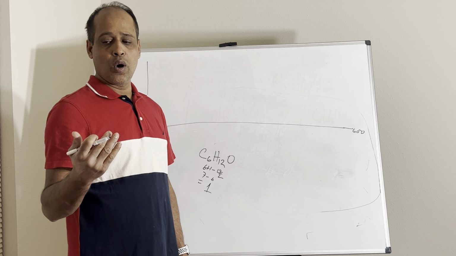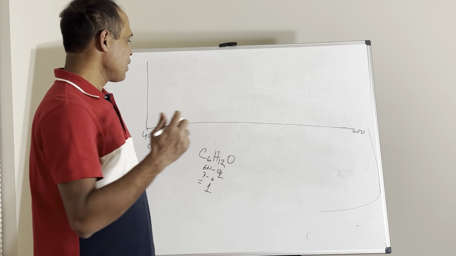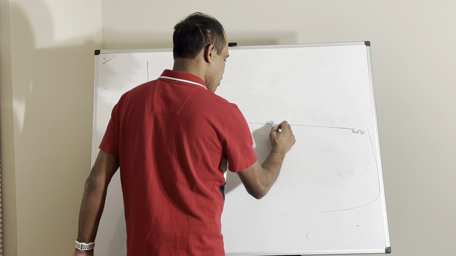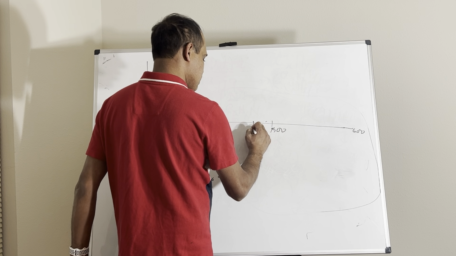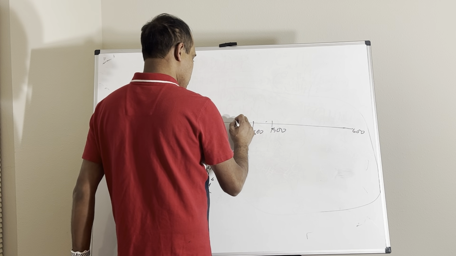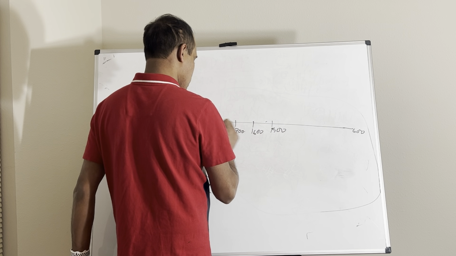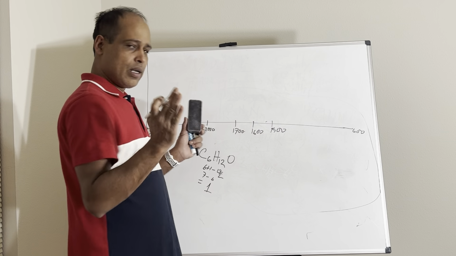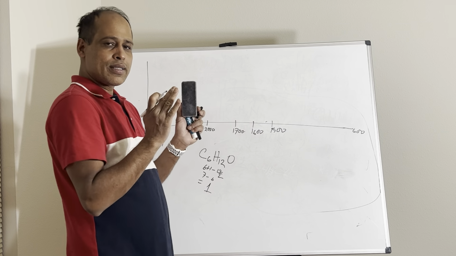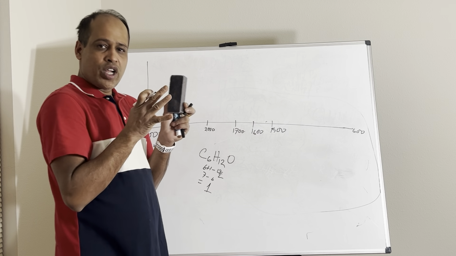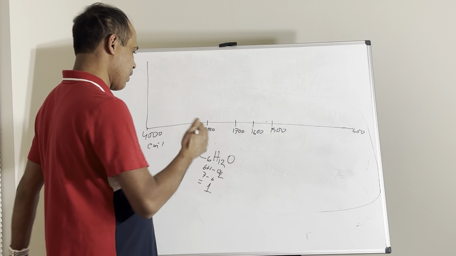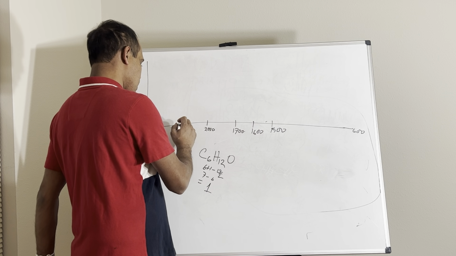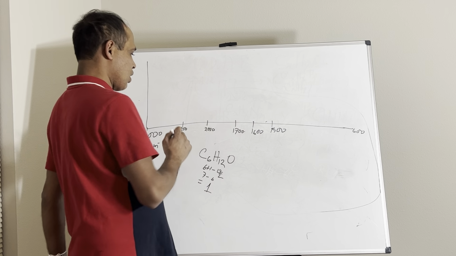How will you know which one is which? Suppose the scale is 1500, 1600, 1700, and suppose 2000. In the IR scale the printout is sometimes squeezed, but it follows the scale, it's fine. So 2000, then 3000, and this is 4000.